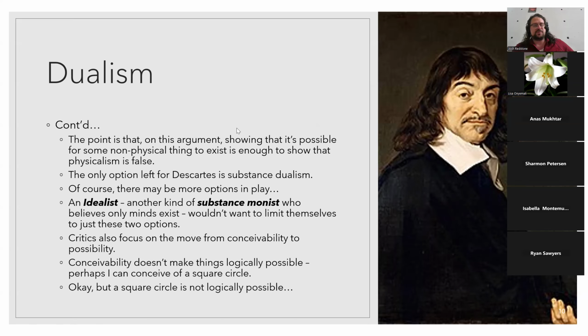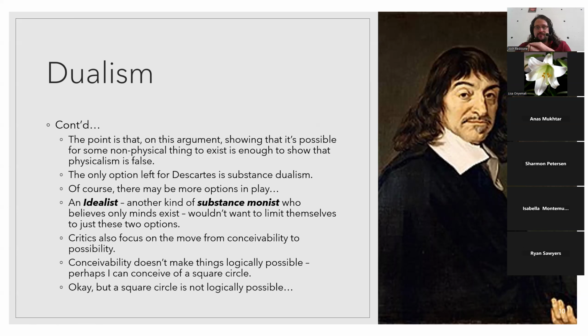So what this argument is supposed to do is show that it's possible for a non-physical thing to exist. And this itself is enough to show that physicalism has to be false. And at least if you're Descartes, the alternative to physicalism is substance dualism. But that's not all of the options. You could be an idealist, right?